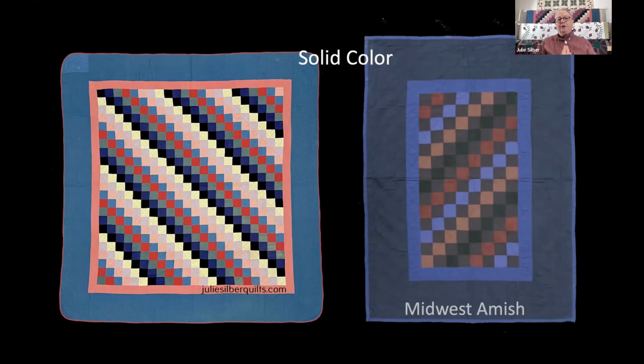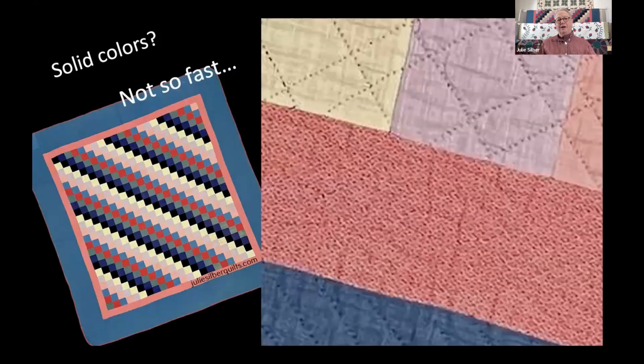And then I took a little closer look at the quilt in question, and I said, wait a minute, not so fast. Because at first I thought, well, it fits that, all solid colors, right? Turns out that pink inner border is a double pink printed fabric. And while it's not impossible to find such a thing on the front of an Amish quilt, it's not at all typical. You can see it a little bit even better here.